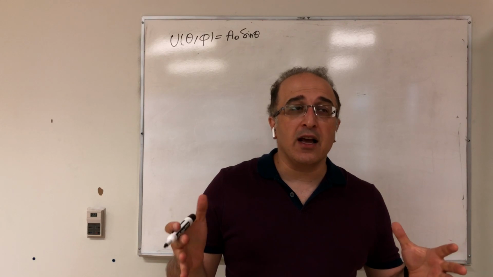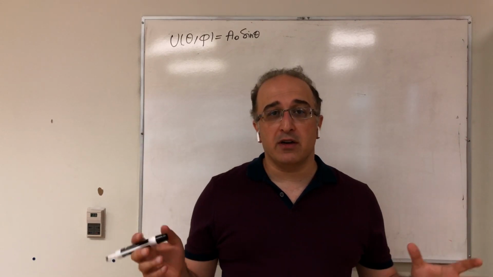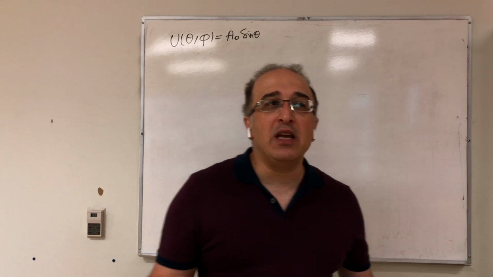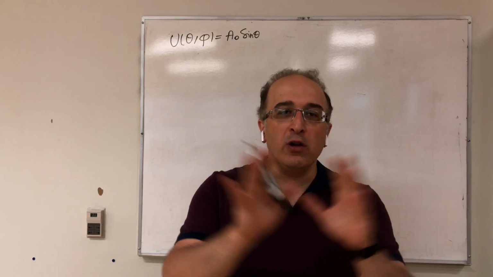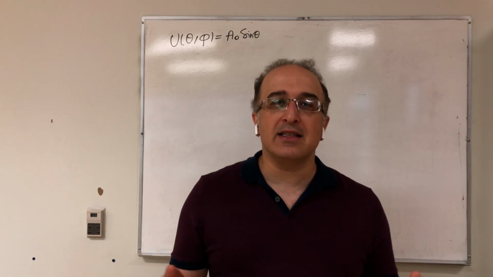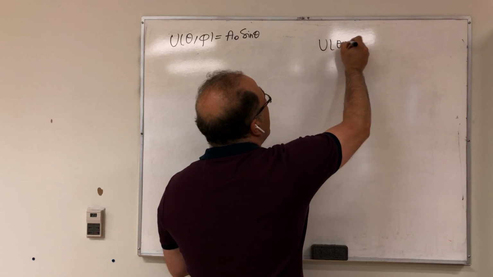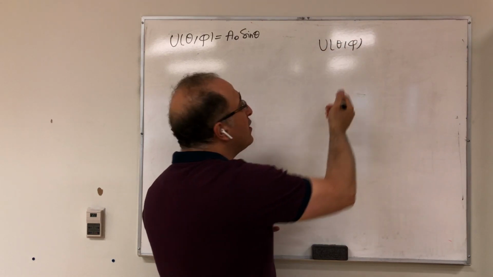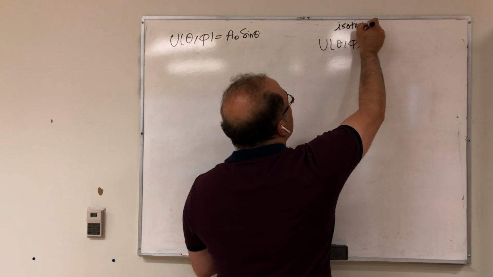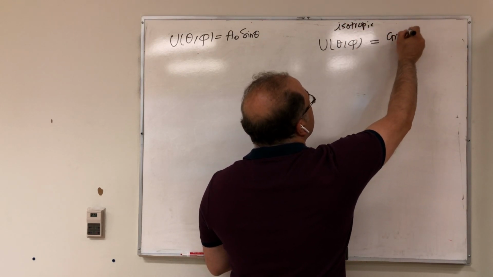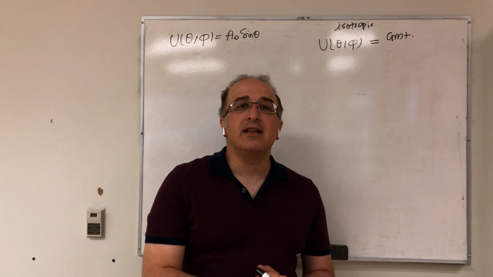It doesn't exist, and it radiates the power identically everywhere. That essentially means the power in all the cones is exactly the same, so u(theta, phi) for the isotropic antenna is constant.